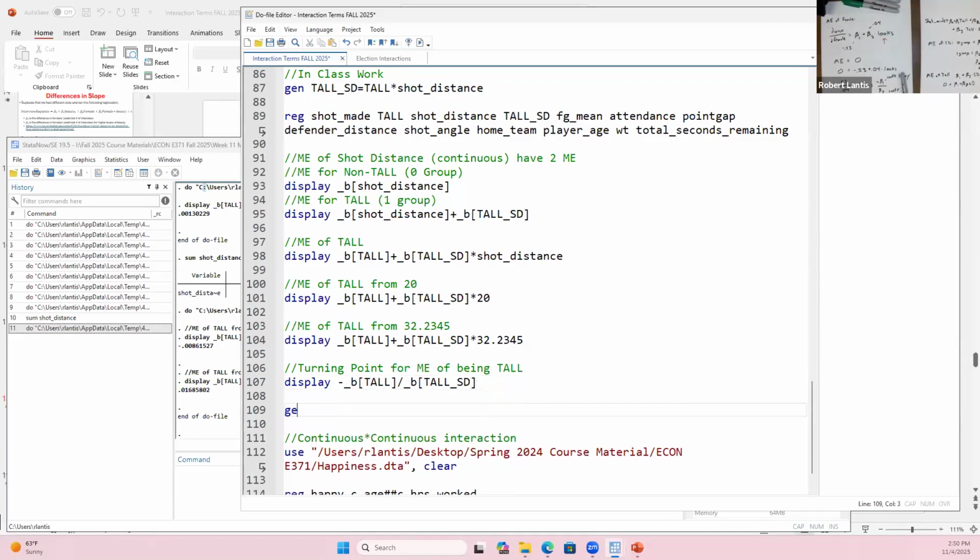I could also, this isn't best practice, generate a new variable where it's simply equal to what that turning point is. It'd be the same equation, right? Actually, I think I forgot my negative sign here.